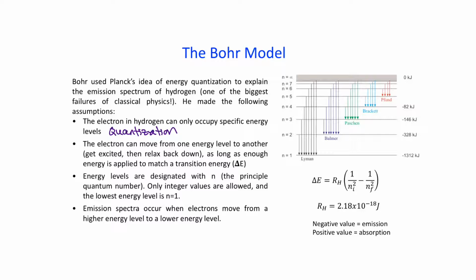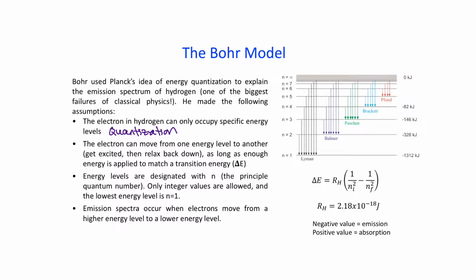Okay, so we say that as long as we have the delta E for that particular transition, as long as we put in delta E of energy, then we can excite our electron up to that transition. Okay, so if we put in enough energy to get from n equals 1 to n equals 3, then our electron can get up there.